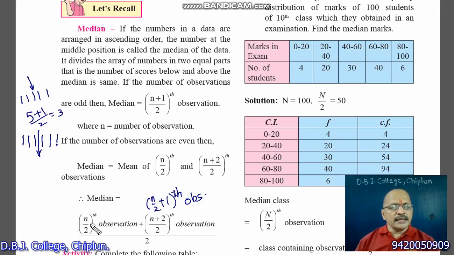So median is the n by 2th observation, that is third, and n by 2 plus 1th, that is fourth observation, its average. Average means add them and divide by 2. The same technique you use to calculate your percentages in 10th standard.